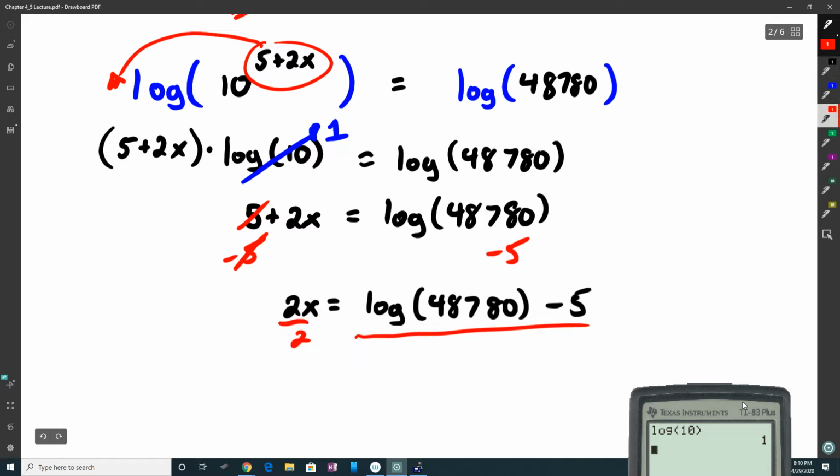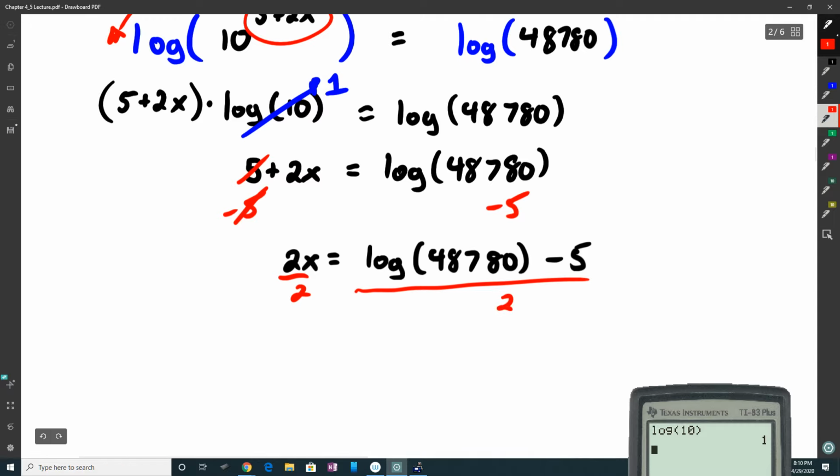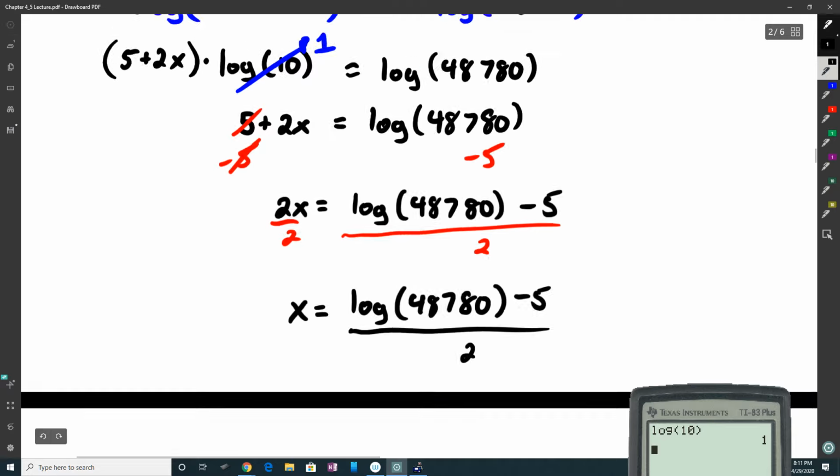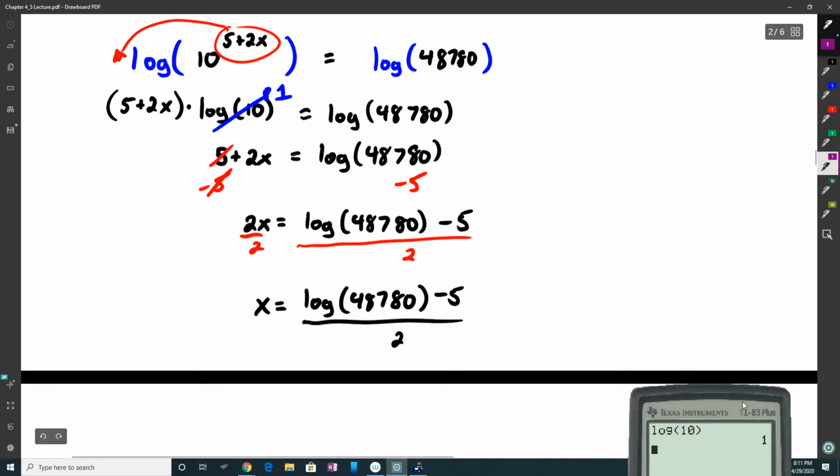Divide everything by 2. You can't pick and choose what you want to divide by. You divided the left side by 2, so you have to divide the right side by 2. There you go. Log of 48,780 minus 5, the whole thing over 2. And that is your answer.